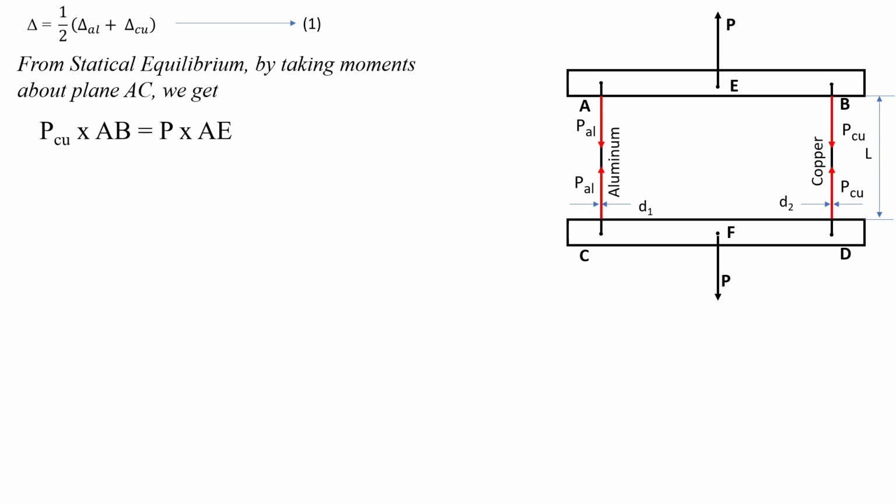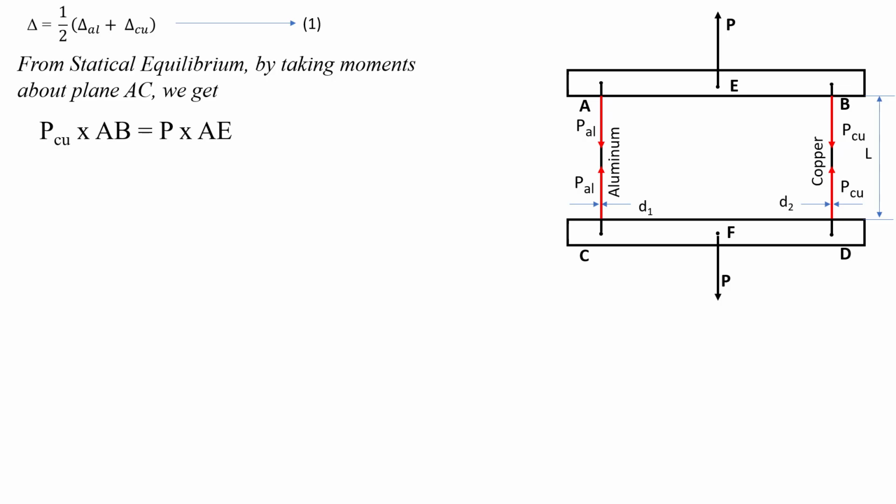Then in the opposite direction, reaction forces will be generated in the aluminum as well as the copper wire. Let's consider the reaction force generated in the aluminum wire is PAL and the reaction force generated in the copper wire is PCU.